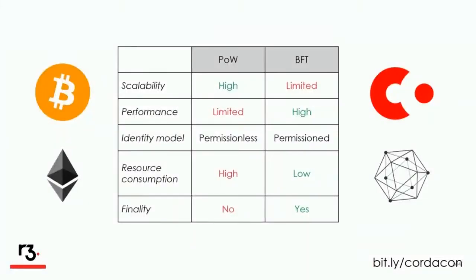So if we compare proof of work and BFT in this table, we could maybe say that BFT-based algorithms are superior because they provide finality, they give higher performance, and they don't necessarily waste resources. But they effectively both solve a different problem. So proof of work works great for public blockchains like Bitcoin or Ethereum, where, say, the aim of Bitcoin is to create a global, unregulated, secure currency.